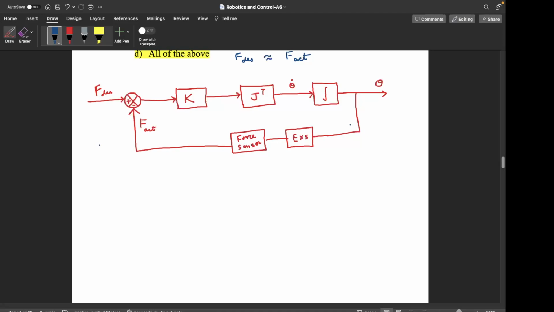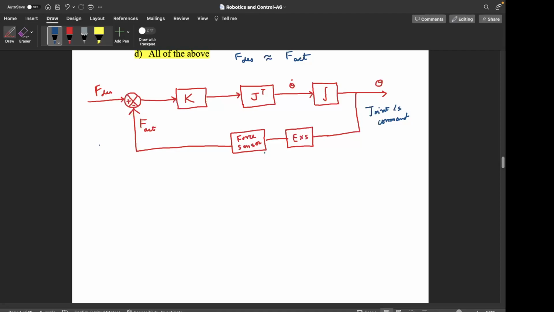We give the joint angles command, right? That goes to the exoskeleton. The exoskeleton executes that, and upon executing it there would be a change in the force.